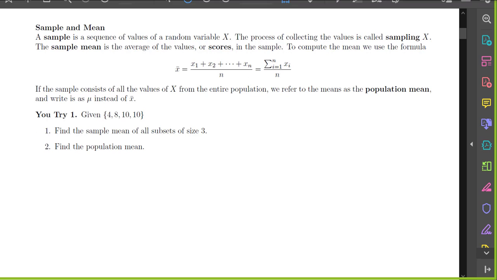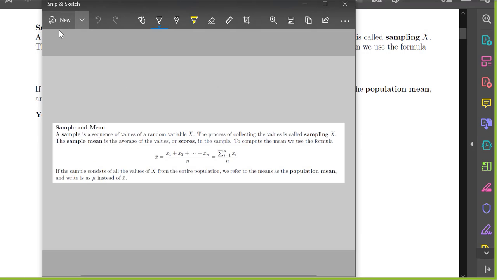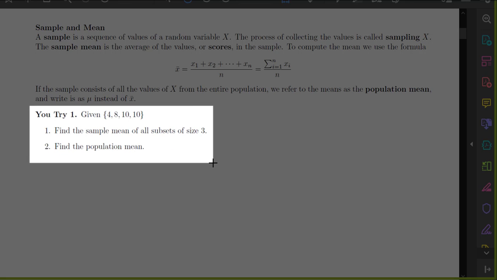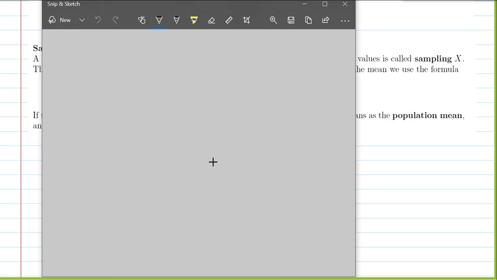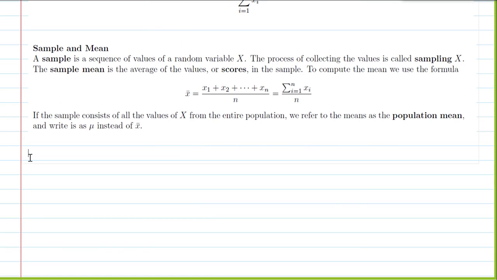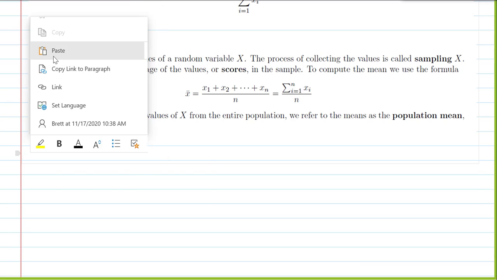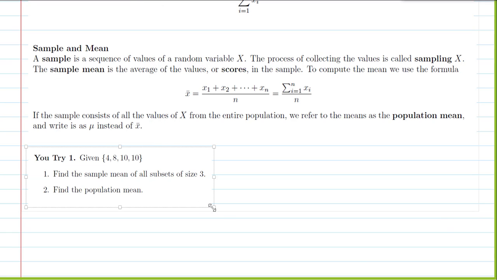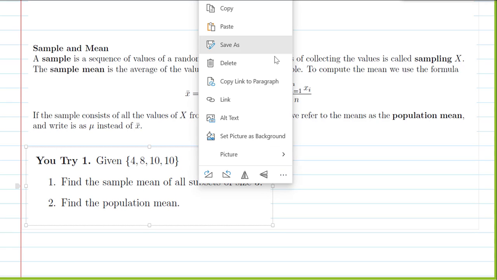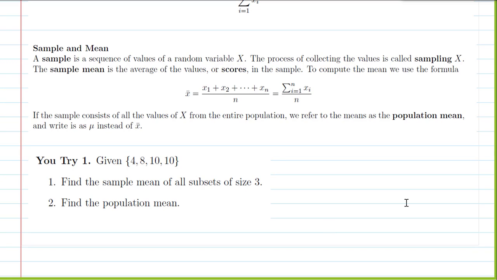All right. The next problem is for you guys. Given the set 4, 8, 10, and 10, we want to find some sample means. So find the sample mean of all subsets of size 3, and then find the population mean.